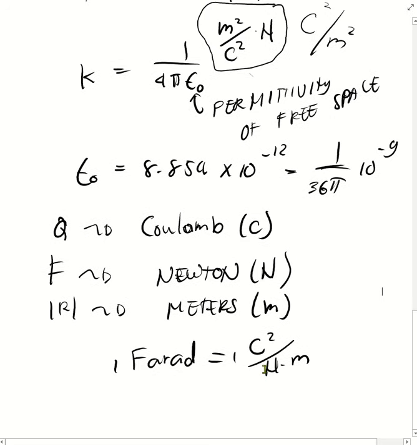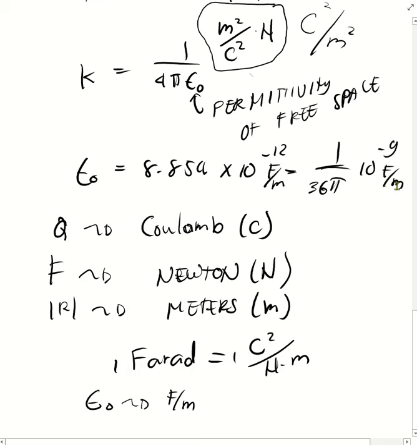Therefore, the unit for epsilon naught, the permittivity of free space, will be in terms of farad per meter.